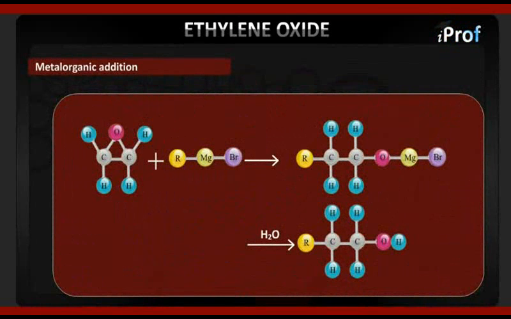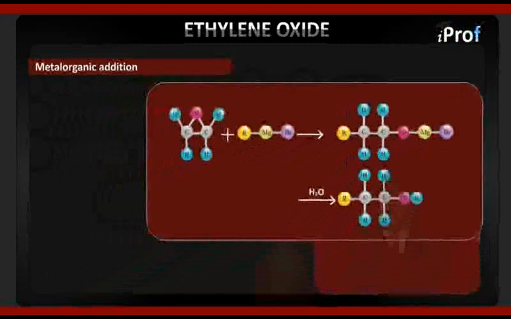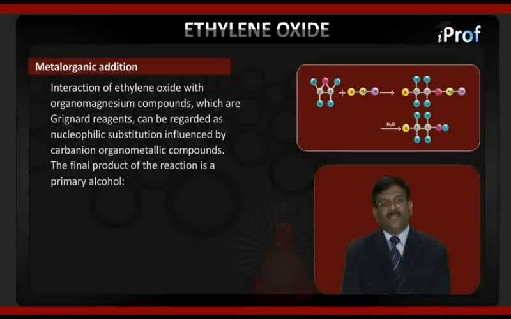The final product of the reaction is a primary alcohol. The reaction is CH2CH2O plus RMgBr or RMgX. It gives RCH2CH2OMgBr or MgX, which on further hydrolysis gives RCH2CH2OH.